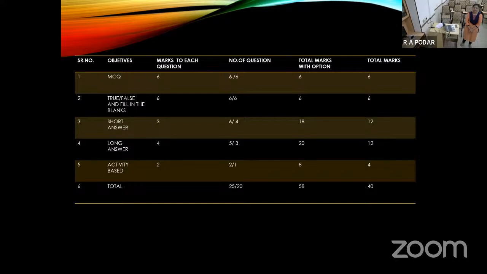The same is applicable for paper 1. So out of 20, 5 questions are optional. And obviously question number 1 is compulsory. Out of 25 questions we have to attempt 20, total marks given are 58 and compulsory marks are 40. You can have a look at this because we have so many options.